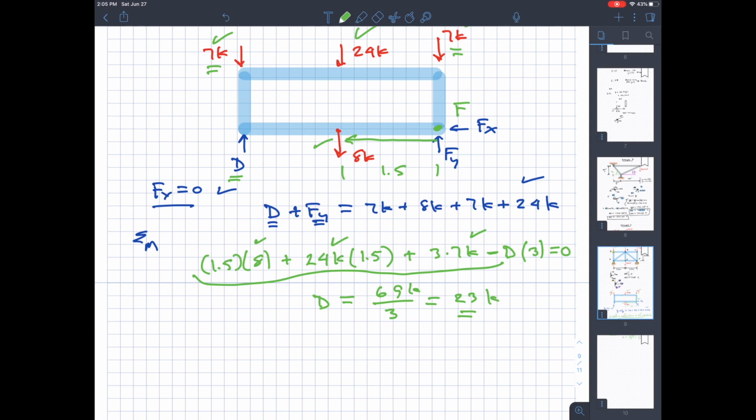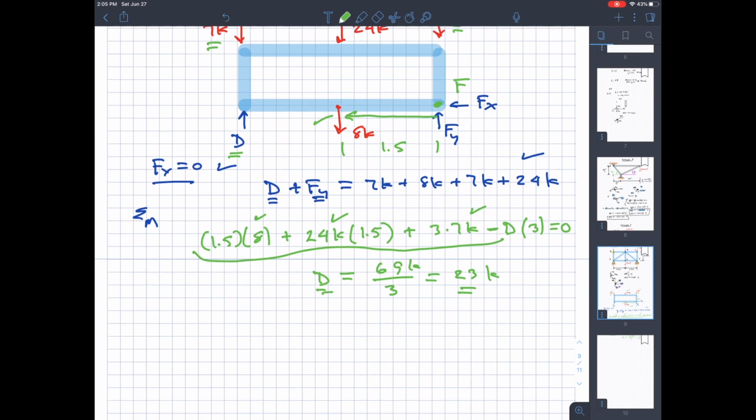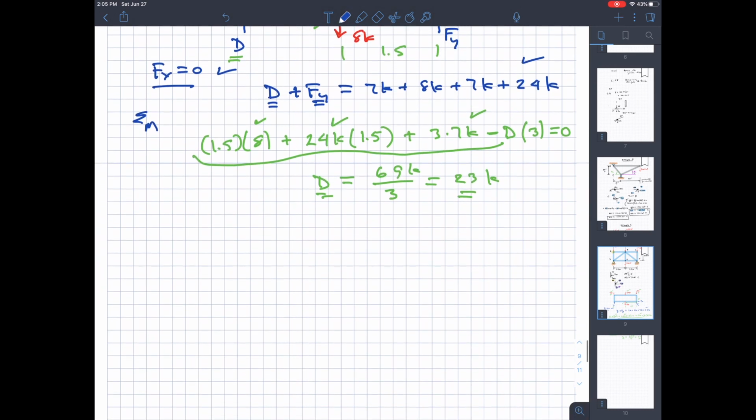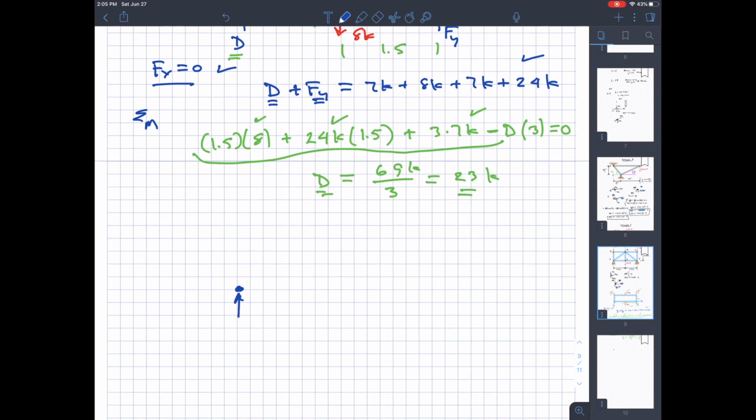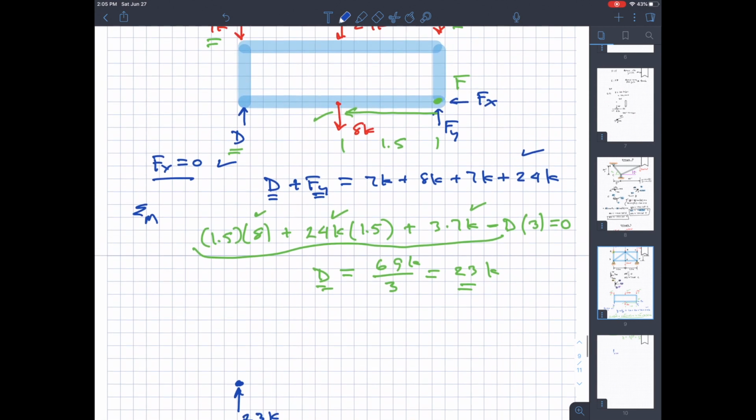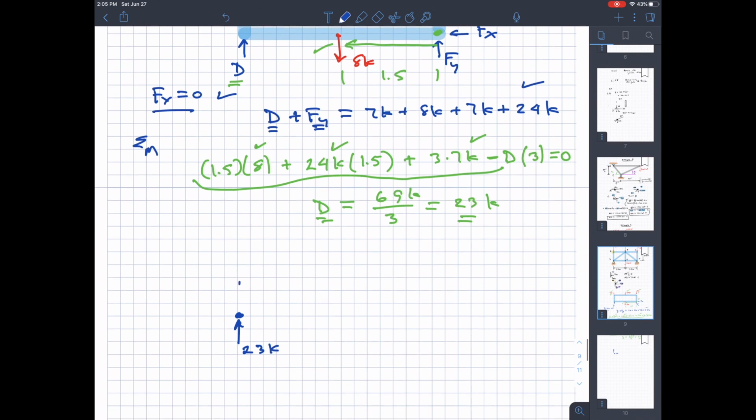All right, so there's this force D. What that lets me do is now consider joint D. At joint D, I know I have this 23K force because I just calculated that. I know I have the member force going into the joint because I assume it's in compression.